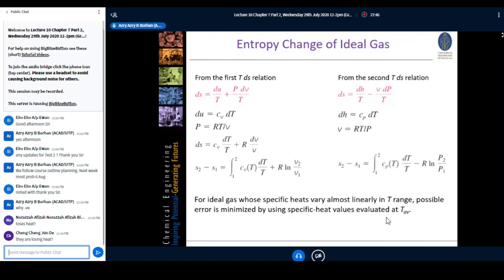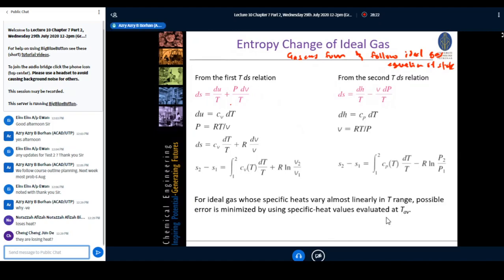Now, if we have a substance which exists in gaseous form and follows the ideal gas equation of state, there is a special case that you need to adhere to every time you want to find entropy change for an ideal gas.